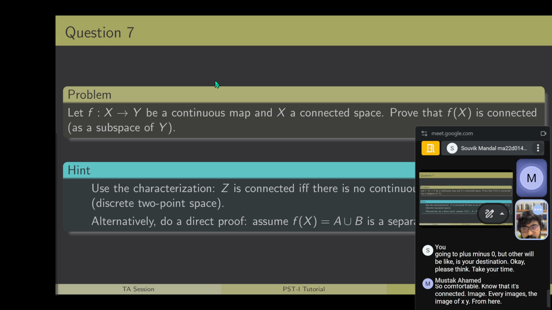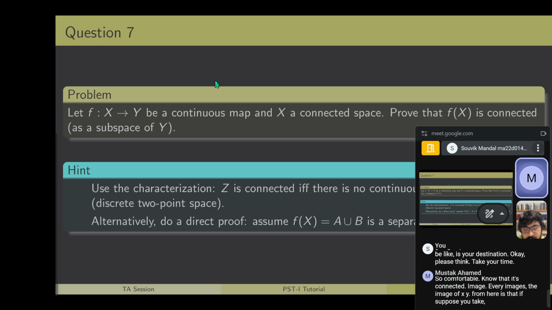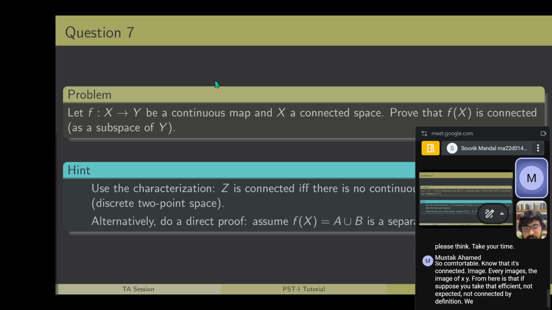From here, the proof is that suppose we take that f of X is not connected. By definition we use the separation property.